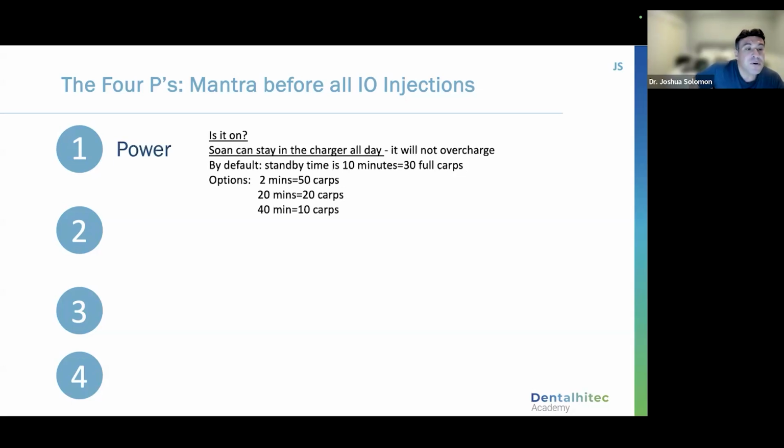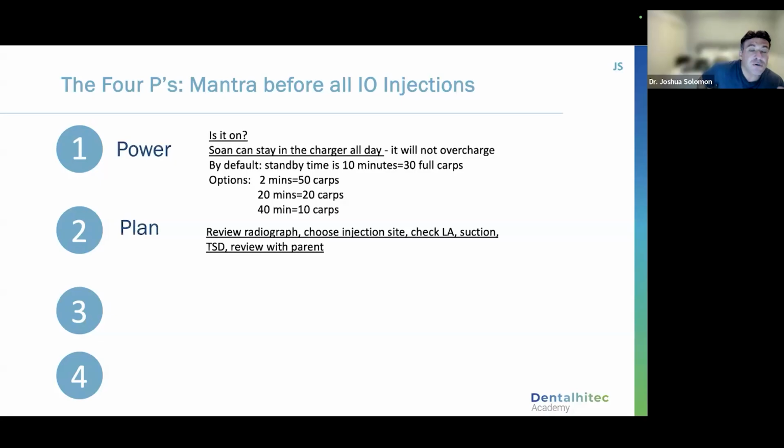Just know for your SleeperOne, that's going to stay on all the time, but for your SOAN, it's defaulted to power down at 10 minutes, and that will give you 30 full carpules of delivery. But at 10 minutes, it's going to shut off on you. So when you go to pick it up, either yourself or your team, go ahead and make sure that unit is on, okay?